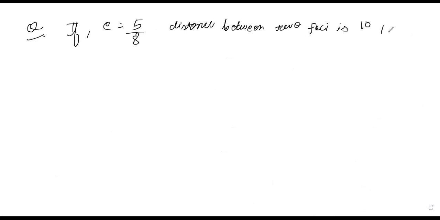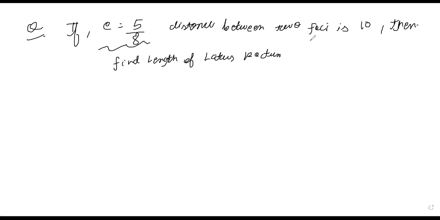Then we need to find the length of the latus rectum. We have been given the value of E, the distance between two foci, and the question is asking us to find the length of the latus rectum.